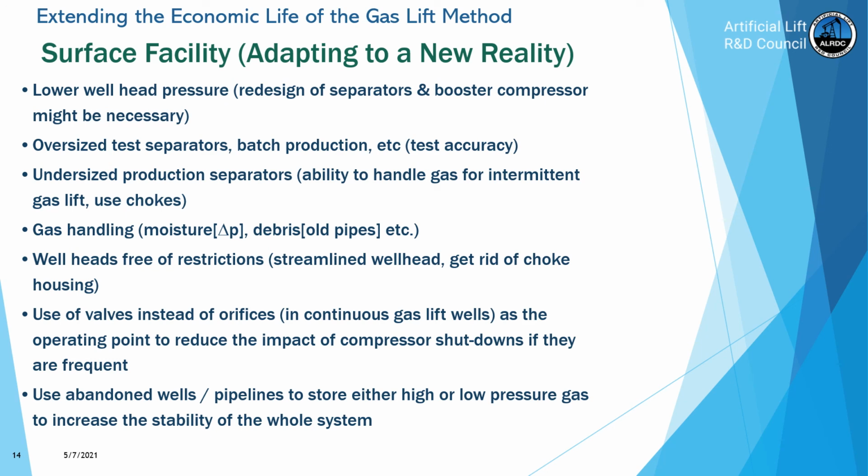The larger the volume of gas in the high pressure side of the system, that is, all the pipes that go from the outlet of the compressor to the wellhead, the more stable the system is going to be. The same applies for all the pipes that go from the separator to the inlet of the compressor.